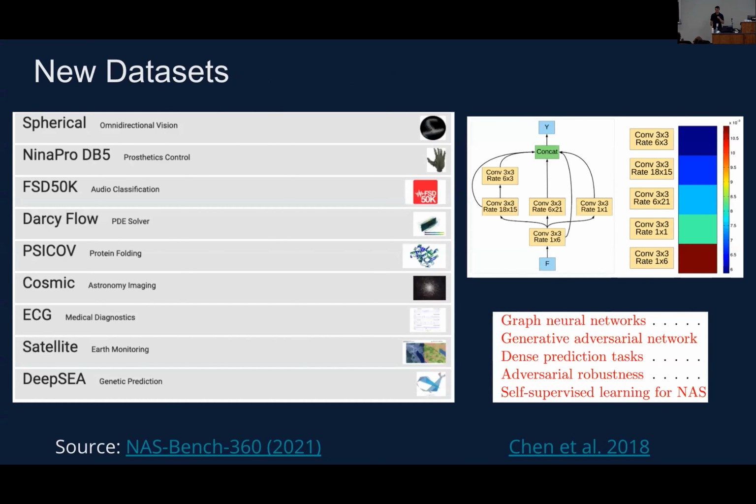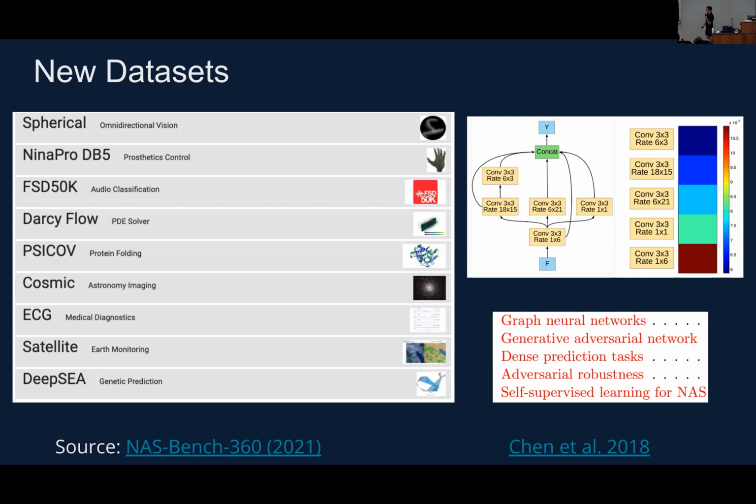The slides I showed before were evidence that neural architecture search can do really well on the most popular benchmarks, but neural architecture search also does really well on brand new data sets that we rarely see or have never seen before.